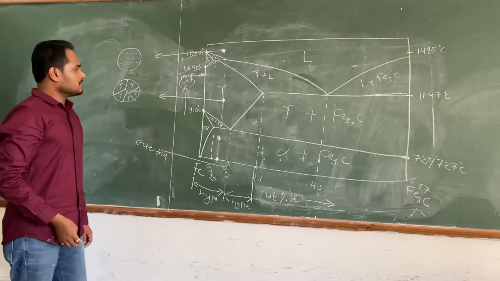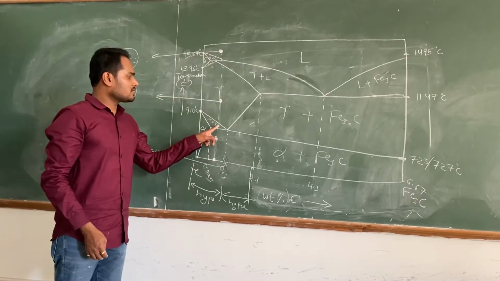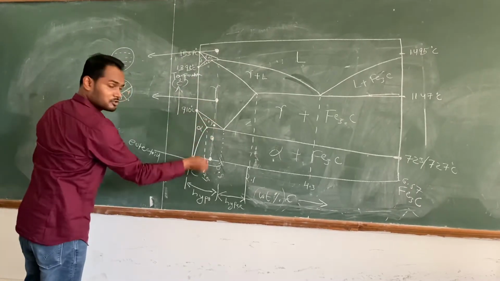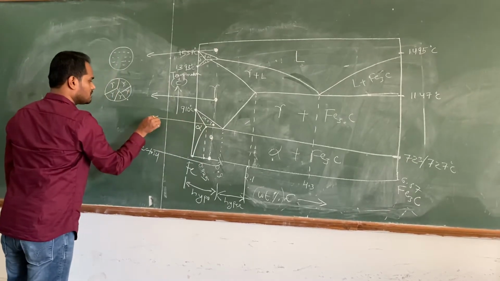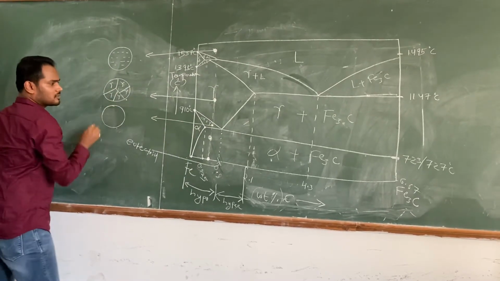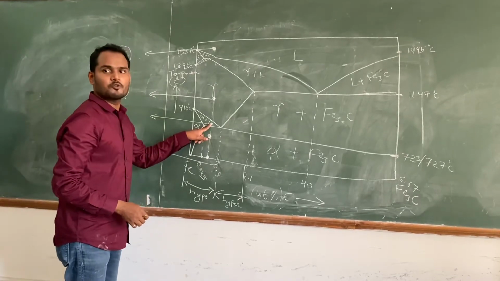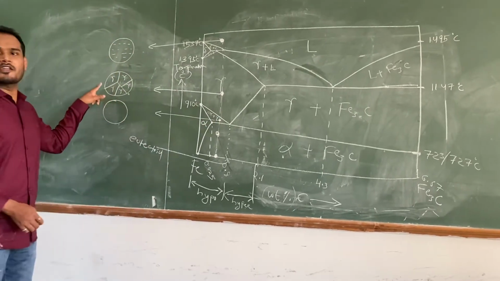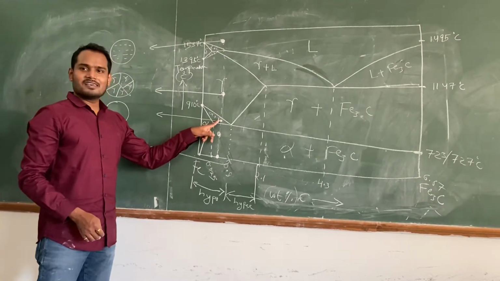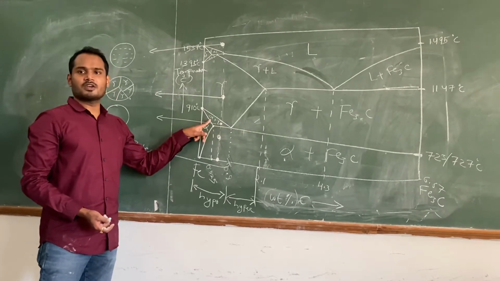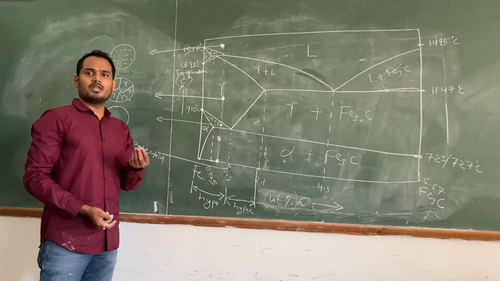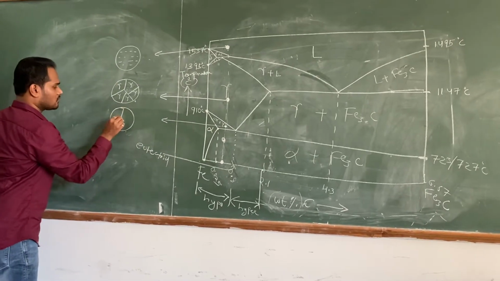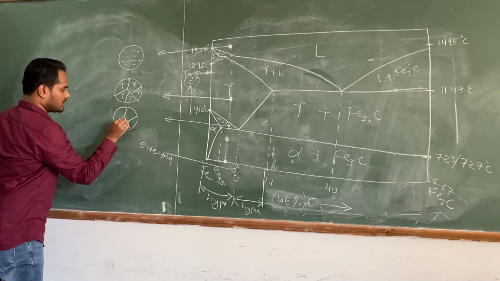Okay? Then somebody will ask, what is the microstructure over here? You are cooling the steel with the same composition. You can see this is the region where we have two phases: alpha is there, gamma is there. Here only gamma is there, so we have only grain and grain boundaries. But now gamma is there, and alpha is also there. Alpha will nucleate along the grain boundary. So I have a situation like this.